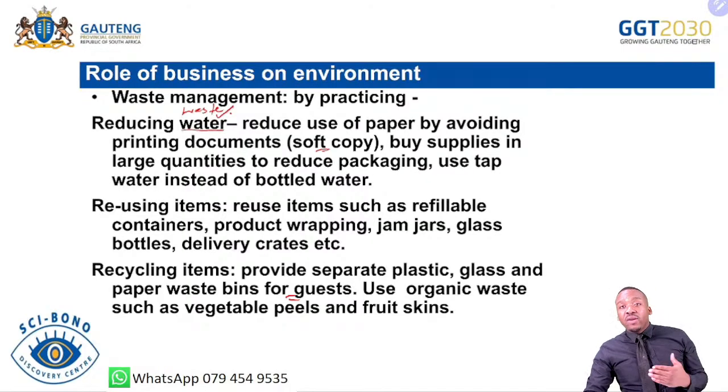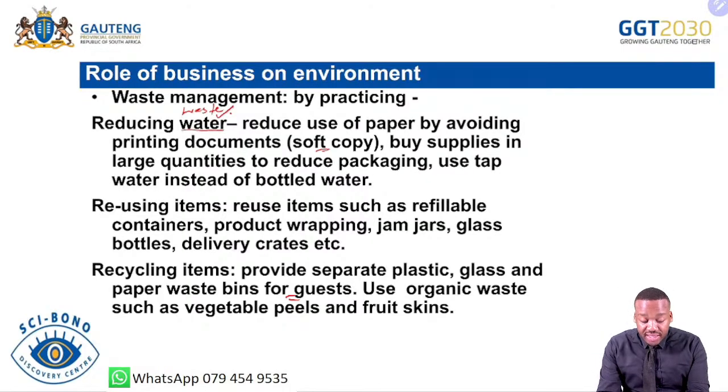Obviously, if you are working with a certain recycling company, this can also bring income for your tourism business. Maybe after a month, they come to collect all the papers, all the plastics, all the glass, then your business will get some income. We are also saying, in terms of recycling, the tourism business can also use organic waste such as vegetable peels and fruit skins.